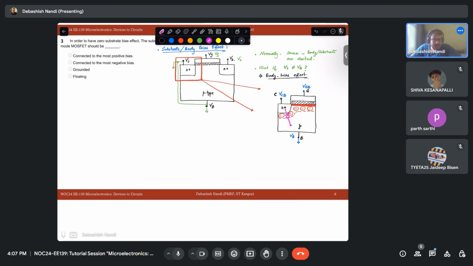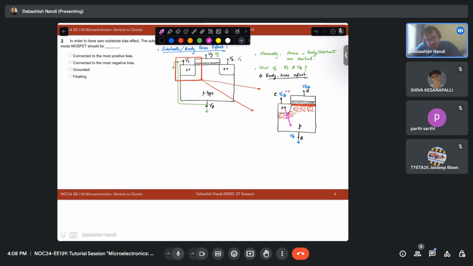Whenever your VCB is greater than 0... So this is a PN junction diode, right?